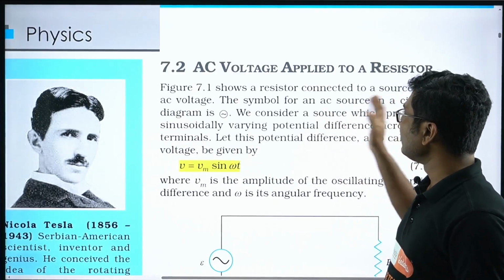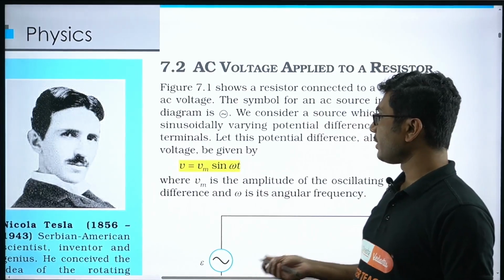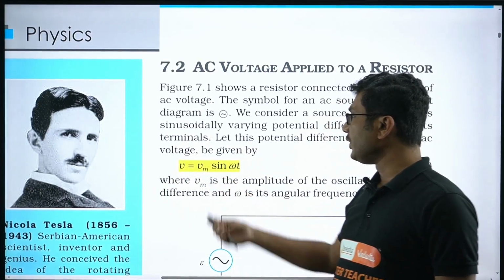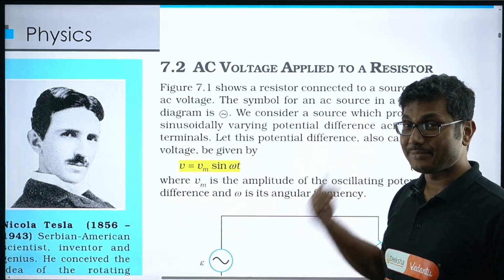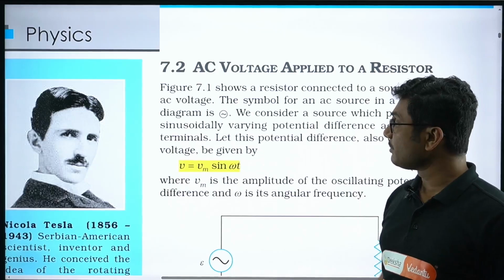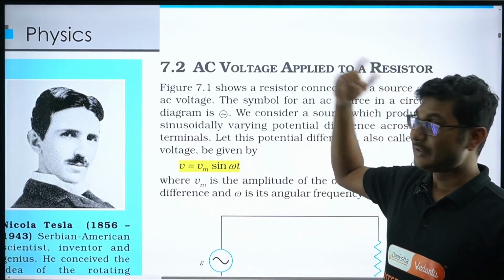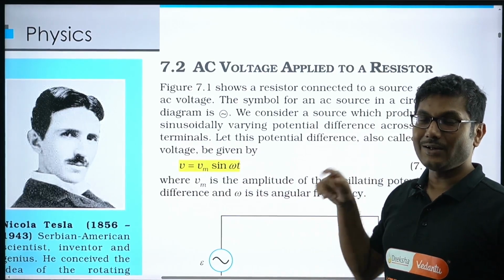Now, AC voltage applied to a resistor. AC voltage is generally represented by V is equal to Vm sin omega t. What is this? If you remember in your SHM chapter, whenever we represented an SHM, we used a similar term, right? So Y is equal to A sin omega t.